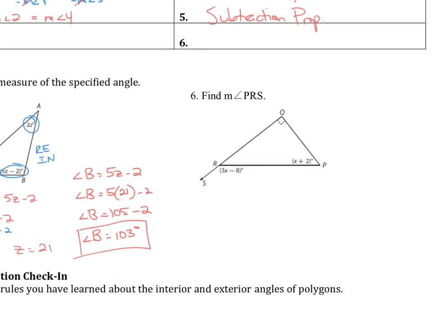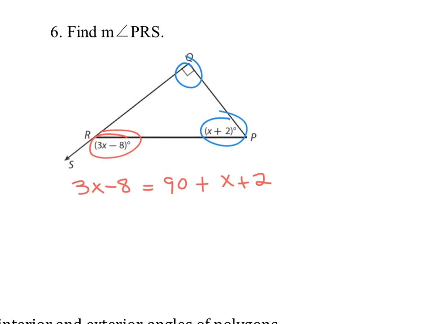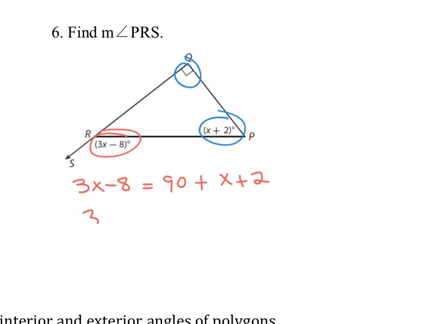And then for number 6, again, our exterior angle is equal to our two remote interior ones, the ones farthest away. So we have 3x minus 8 equals 90 plus x plus 2. So we have 3x minus 8 equals x plus 92. I'm going to subtract x from both sides.